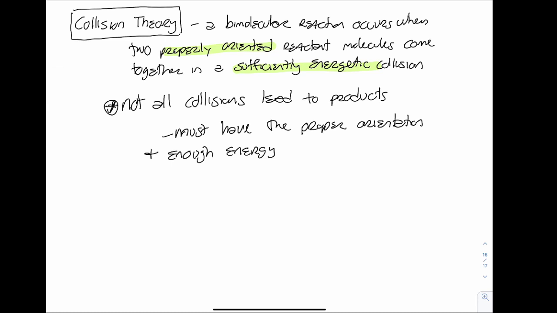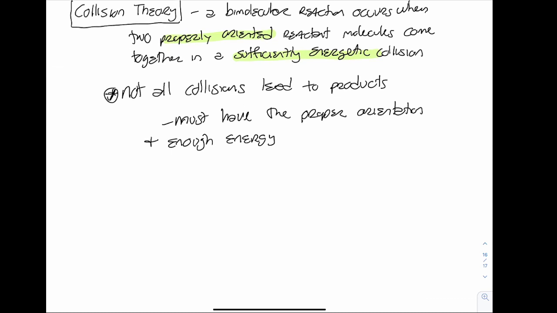So an example for us, and I'm just looking at a one-step reaction. Not all reactions occur in one step. We're just going to consider a one-step reaction here. So I'm going to have A, and it's going to react with B bonded to C, and I'm going to form A bonded to C, and then B is going to be by itself.